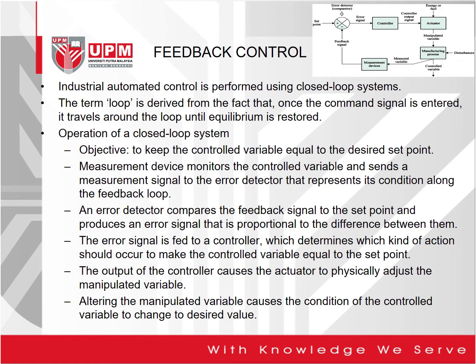The control variable could be temperature, pH value or humidity. Measurement devices monitor the controlled variable and send a measurement signal along the feedback loop to the error detector. The error detector compares the feedback signal to the set point and produces an error signal that is proportional to the difference between them.